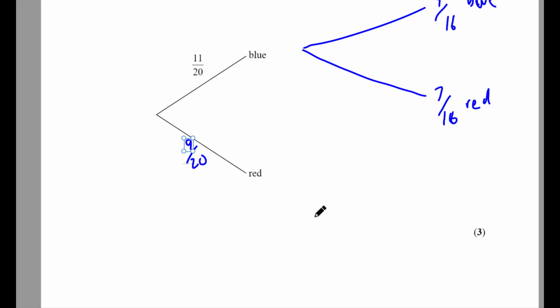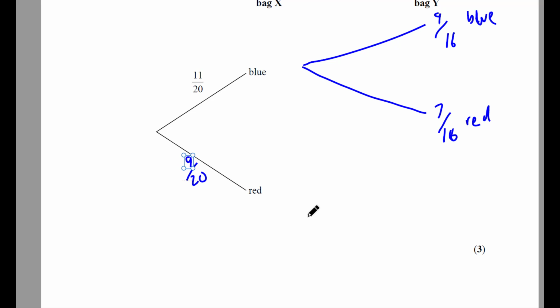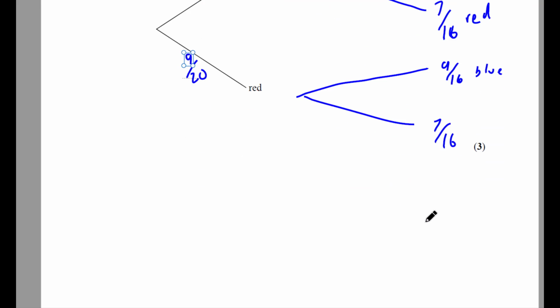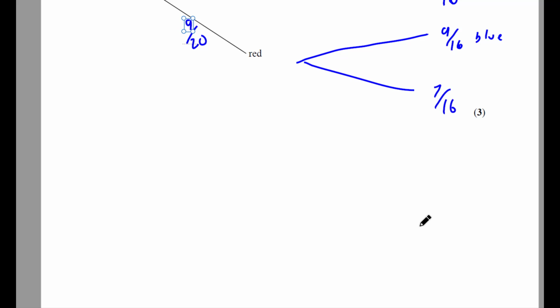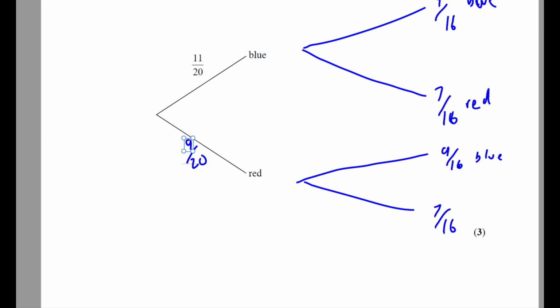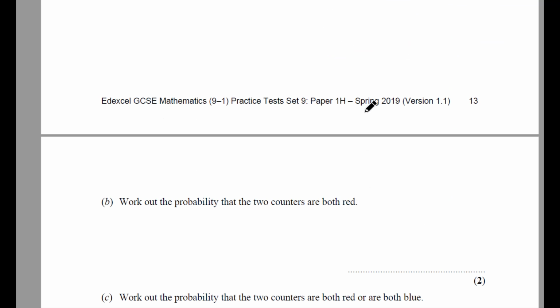Now there are different bags, so the numbers of counters doesn't change. That would be the same down here. Red. Oh, that's quite a surprise. So part B, I was surprised the question finished like that.